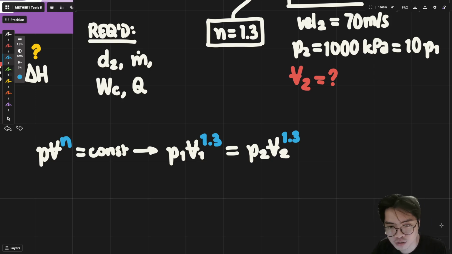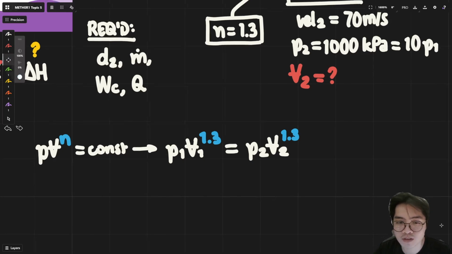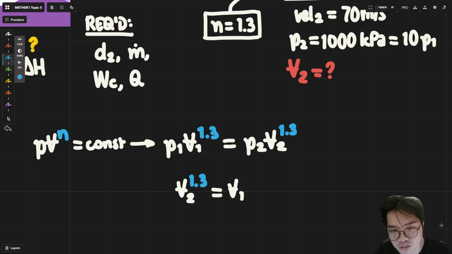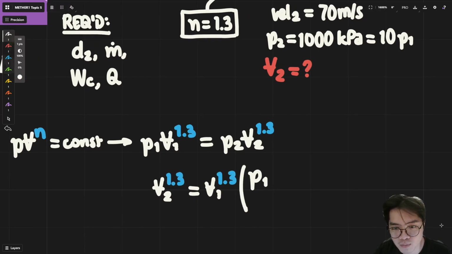I will not want to shift solve. I would want to solve this manually. So I will put the P2 down. And what I will see in here is that V̇2 raised to 1.3 is equal to just V̇1 raised to 1.3 times your P1 all over your P2.